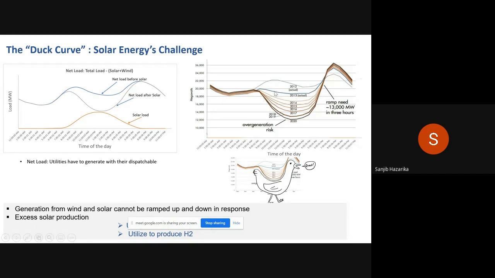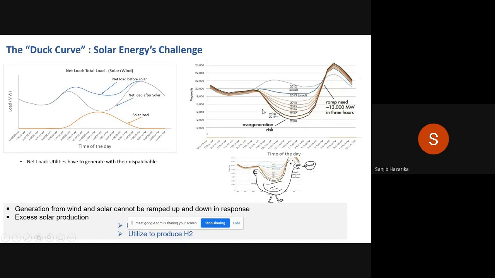The demand from sources other than solar started decreasing. In 2013 it's slightly lower, 2014 is more, it's going down, and 2020 is almost 6,000 to 7,000 megawatt less than what it used to be in 2012 or 2013. So what happened?